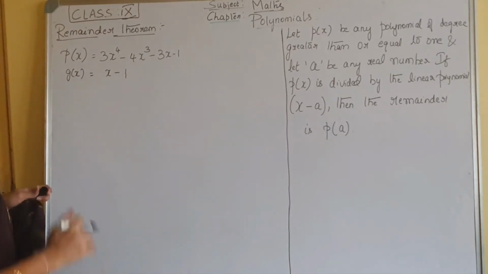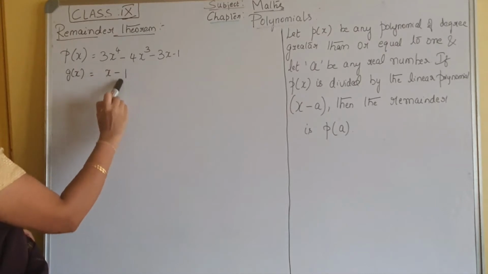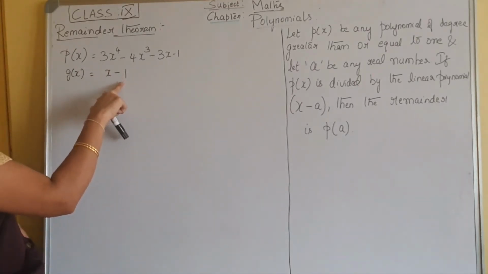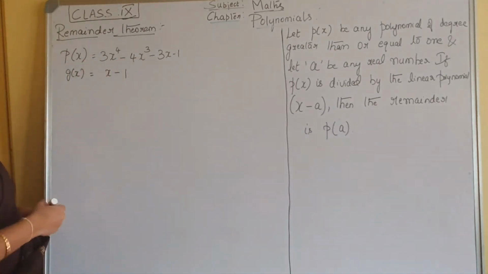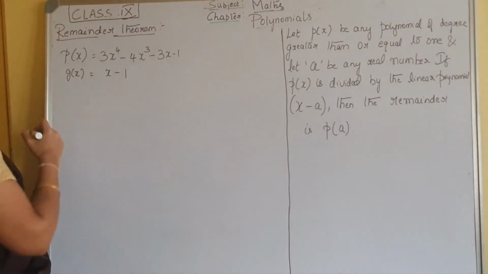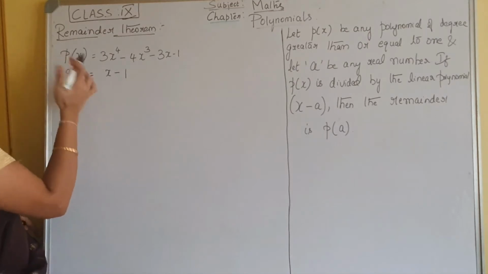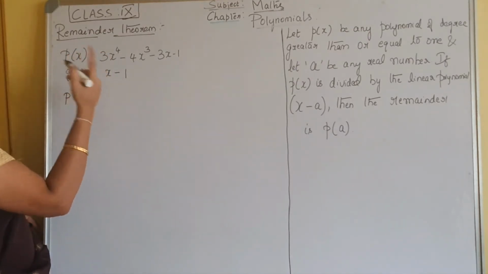So we will go back to the statement. Here it is divided by a linear polynomial and let a be any real number. Here the value of a is 1. Then what happens? If you substitute this 1 in p of x, we will get the remainder. How do we get the value of any polynomial? We have given values to x: 1, 2, minus 1. What is the value of p of 1, p of minus 1?